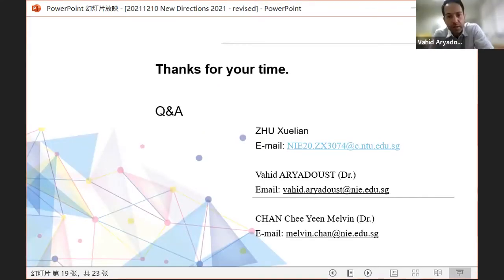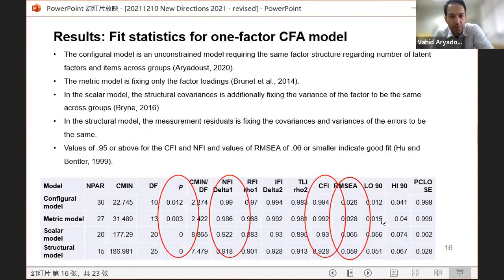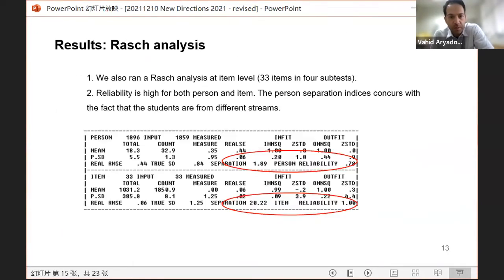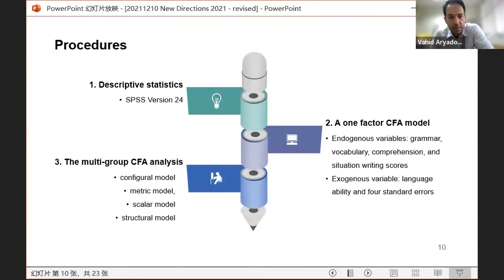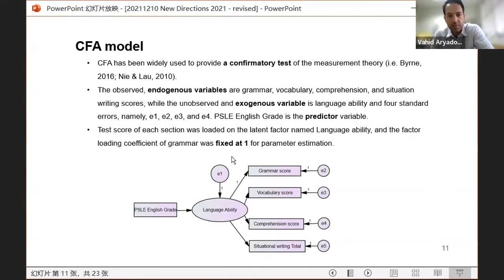Let me add one last final remark about the model. If you could go back to the path model that you were presenting. Yes, this one.